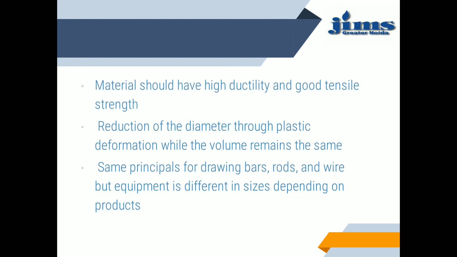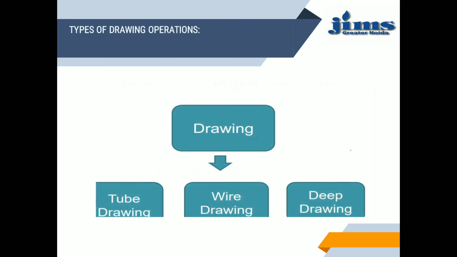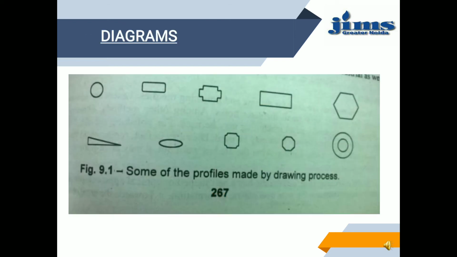The principle is the same for drawing bars, rods and wires, but the equipment differs in size depending upon the products. Basically, we have three drawing operations: tube drawing, wire drawing, and lastly deep drawing.